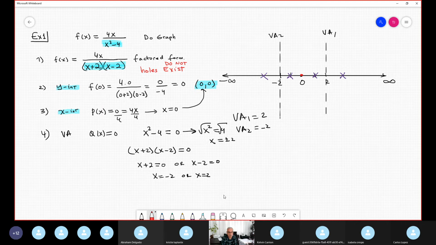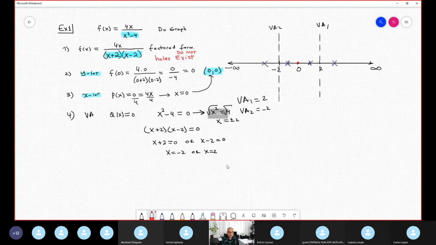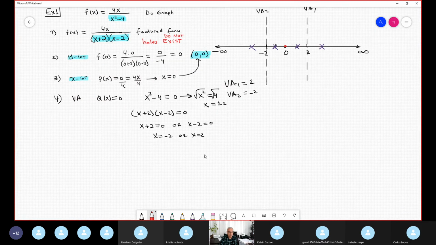What is the next point in the guideline? Number 5. What is number 5? Tell me. Degree analysis. Because what is the reason I do degree analysis? Because I want to investigate whether there is a horizontal asymptote or a slant asymptote. Very well.